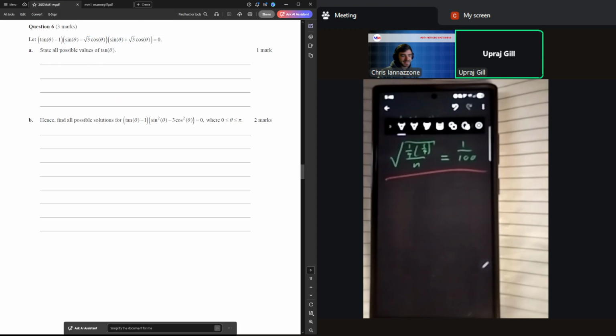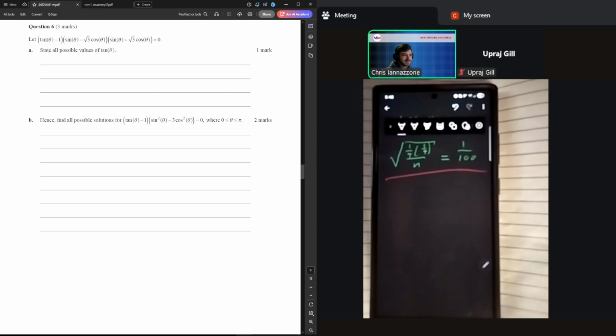Alright, cool. Let me try that real quick. It's a cheeky little one. Okay, so it's going to be 1 and then plus or minus root 3. Yeah, those are correct. Absolutely.